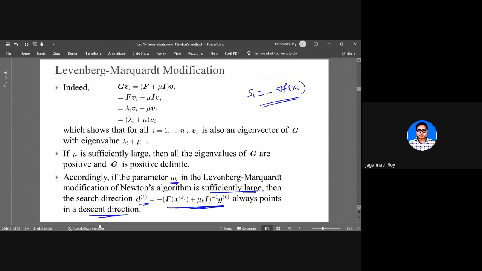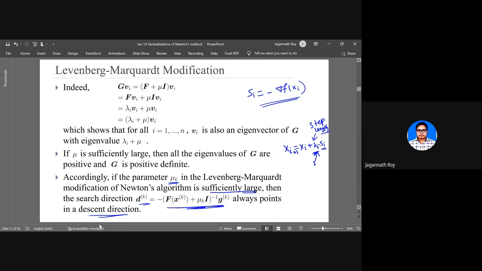Normally what we do is x i plus 1 equals x i plus lambda i into s i, the direction plus step length. But for this method, we do not need to use this step length, although we can define it, but for that we would have to calculate the lambda i value again.